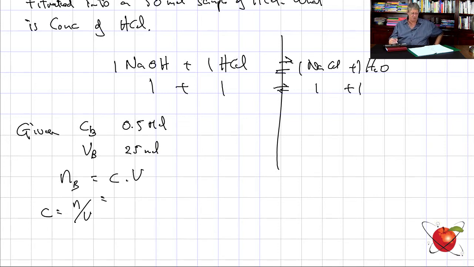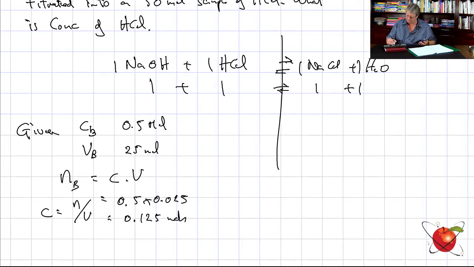The concentration was 0.5 times 0.025, which is equal to 0.0125 moles. That's the first one. So now we know that 0.0125 moles of the base was used.